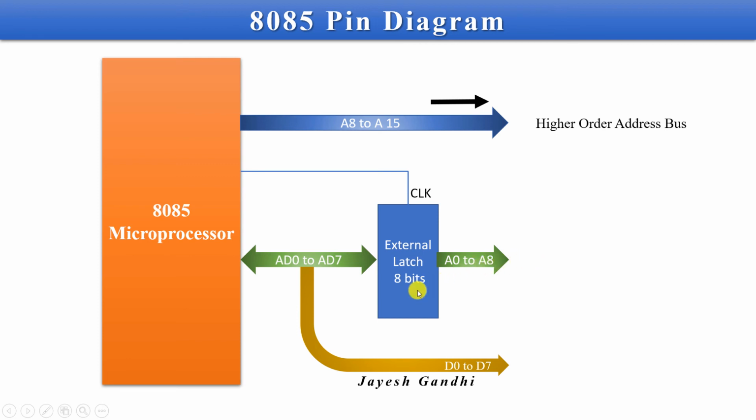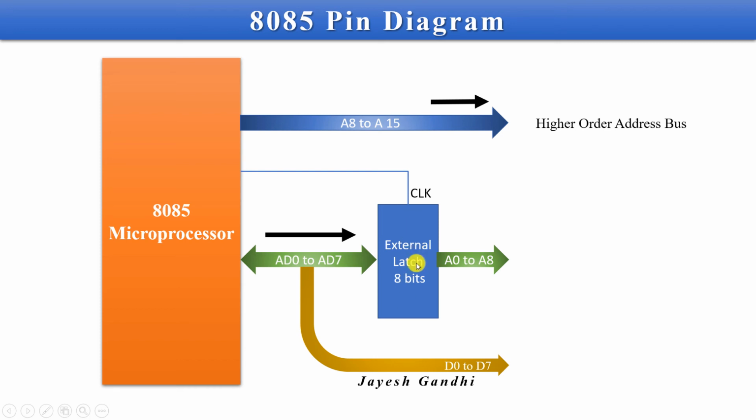Let us see what happens. First of all, the microprocessor will load the address on the AD0 to AD7 lines. So now to the input of this latch you have got the address of the lower order.